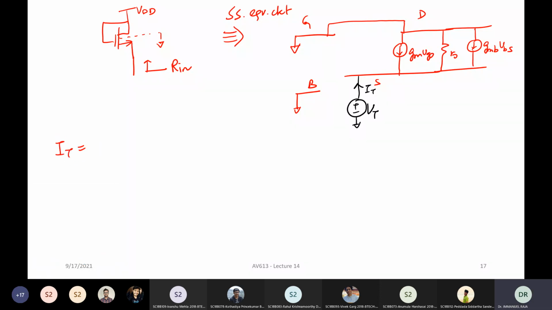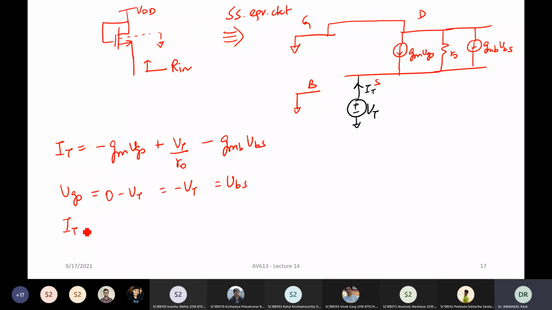Now let us write the expression. IT can be written as minus of gm VGS plus VT by r0 minus gmb VBS. Now here what is VGS? VGS is 0 minus VT, which is minus VT, which is the same as your VBS also, because your bulk is grounded and the source is at the same potential.